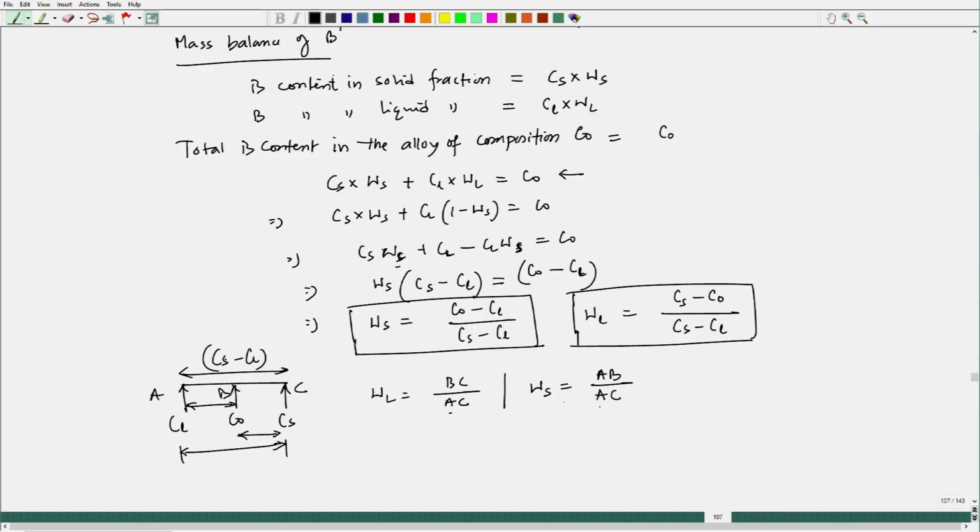So, this is called the lever rule, and this is applicable when we consider weight fraction. Remember, this is weight fraction, that is what lets us equate the B fraction in the system. And that gives us the fraction of the two equilibrium solid and liquid solutions of composition Cs and Cl.